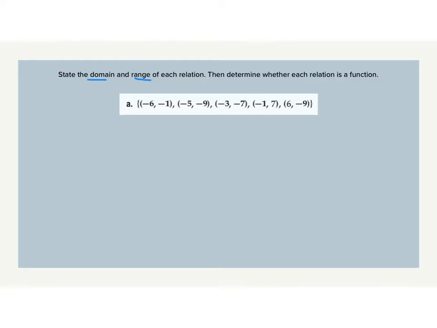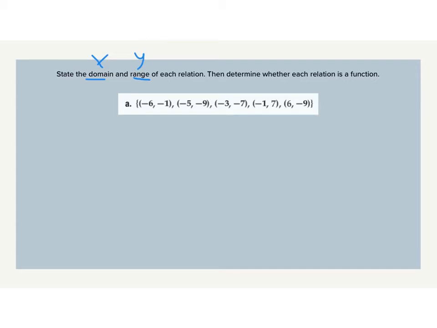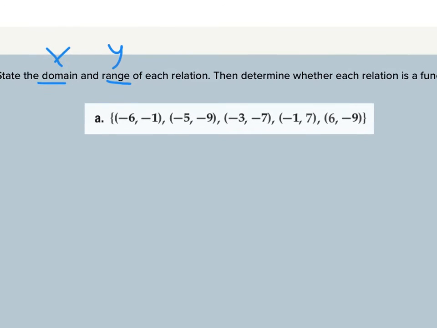We said our domain was our x values and our range is our y values. Here we have coordinate points in our set. The first value in a coordinate point is our x and the second one is the y.